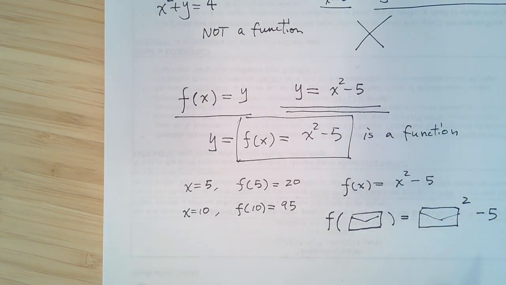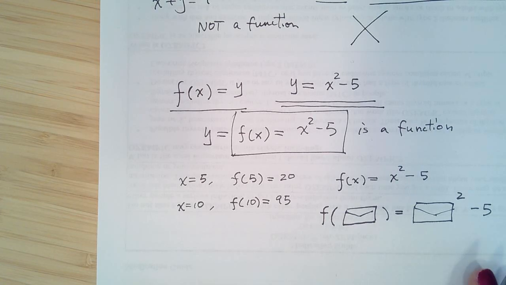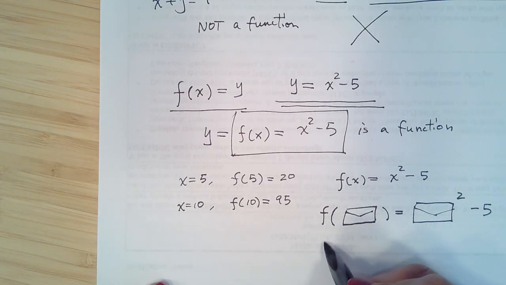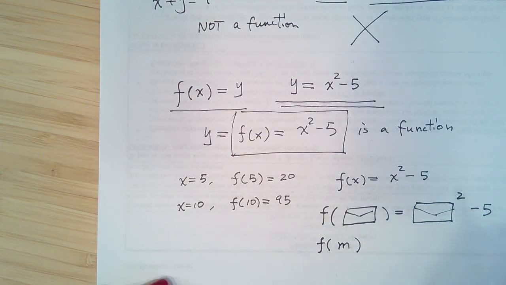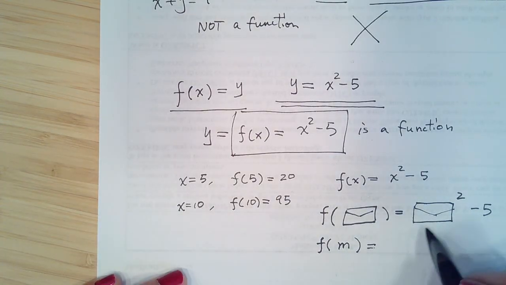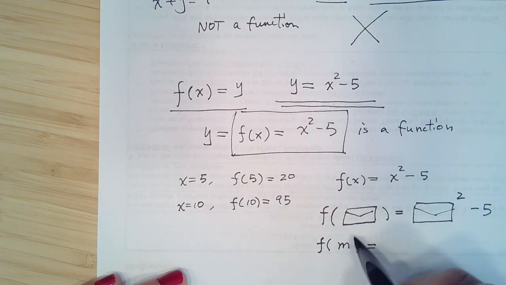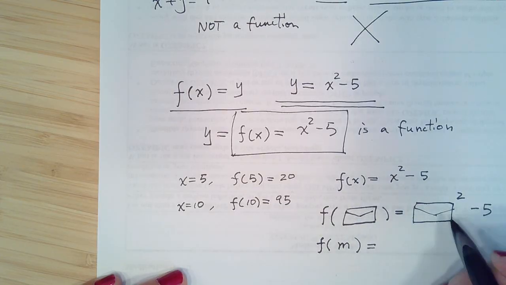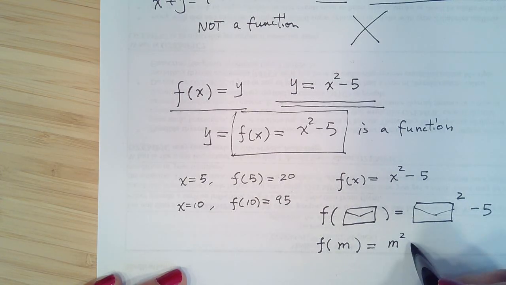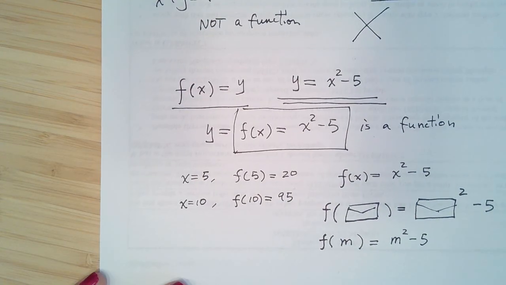So that's the function concept. For a function of something, you have to do the same thing to whatever input there is. So if I put in f of m, instead of saying x, I drop in m. You're going to use this m to substitute this envelope. So it's going to be m squared minus 5.